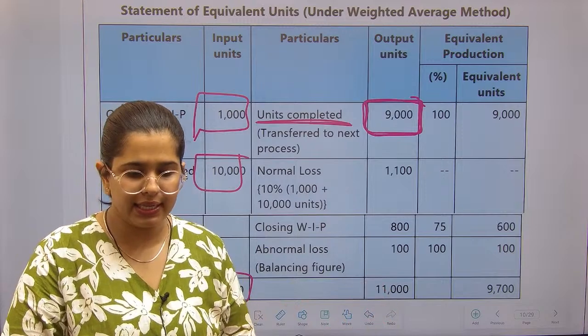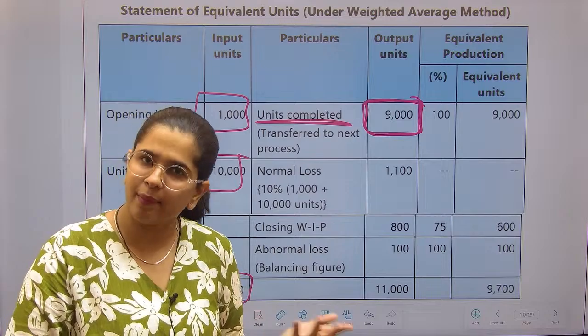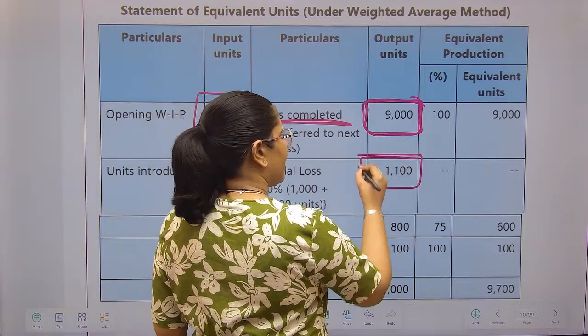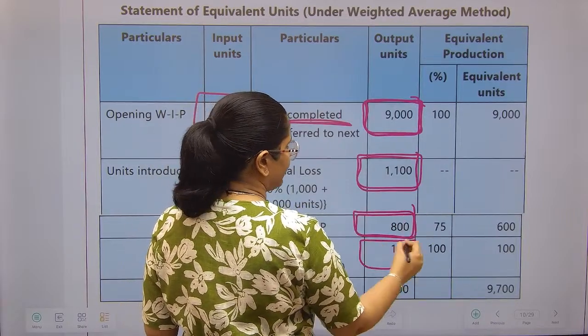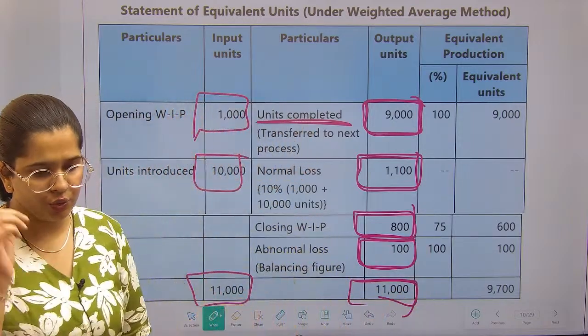No, मैंने सीधा 9,000 लिख दिया है because I don't want to maintain the identity of opening WIP. 9,000 units पे काम किया. Normal loss is 1100. Great. Closing WIP is 800. Same. Abnormal loss 100. Same. And total is 11,000. Fine. No issues for us.